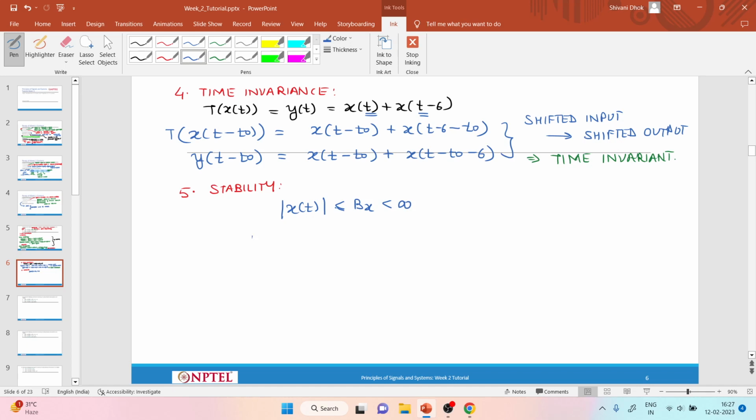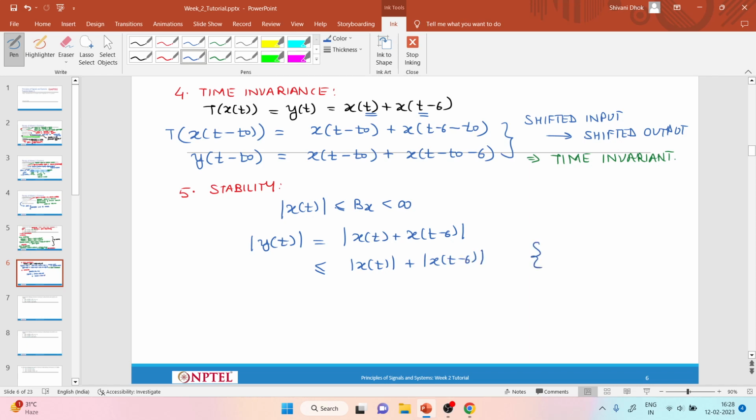Now let us look at what this mod of y of t looks like. This is equal to mod of x of t plus x of t minus 6, which will be less than or equal to mod of x of t plus mod of x of t minus 6.